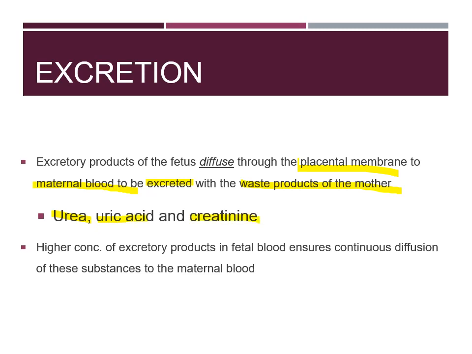And higher concentration of excretory products in the fetal blood ensures that there will be continuous diffusion of these substances into the maternal blood. So due to the concentration difference, there will be a continuous diffusion of these waste products, which are products of protein metabolism or muscle metabolism.